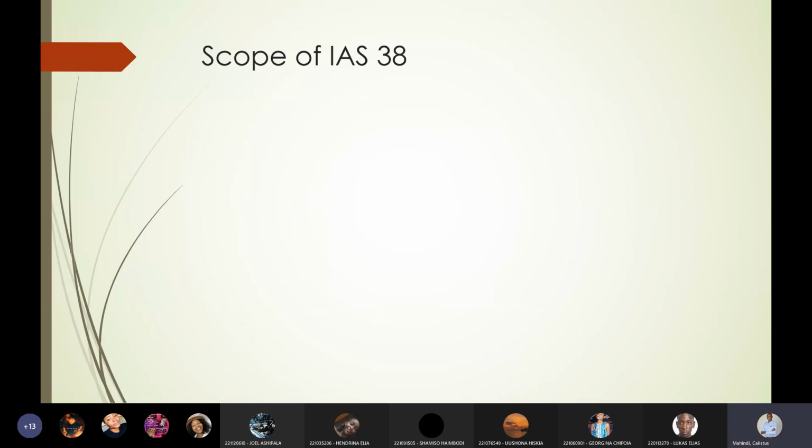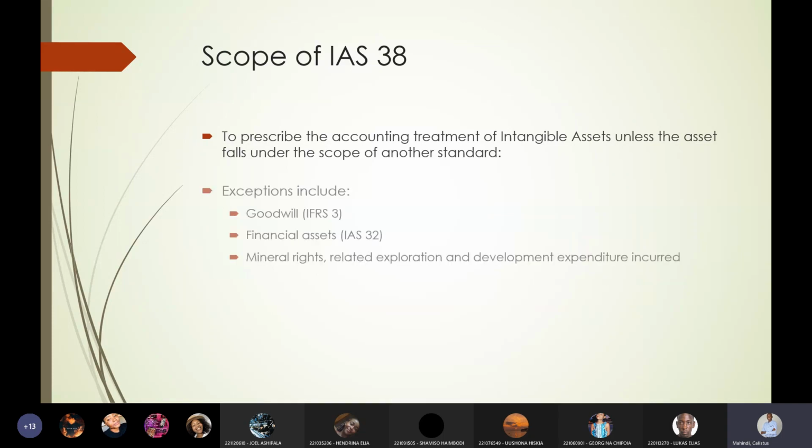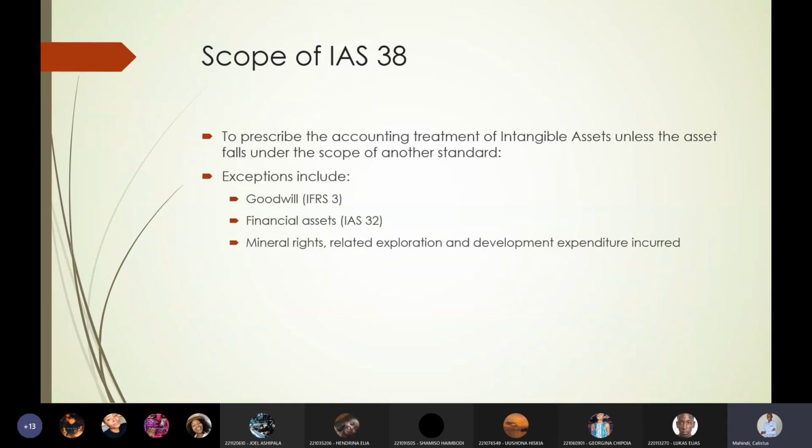Right. So let's look at the scope of IAS 38. IAS 38 is the standard that deals with intangible assets. The purpose is to prescribe the accounting treatment of intangible assets unless that asset falls under the scope of another standard. So for example, goodwill is dealt with in terms of business combinations, IFRS 3, and financial assets you will look at in terms of IAS 32.